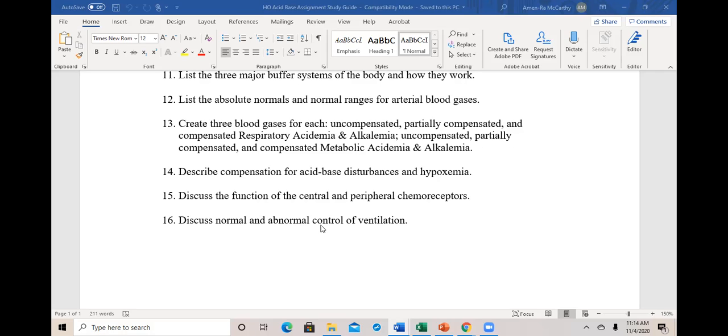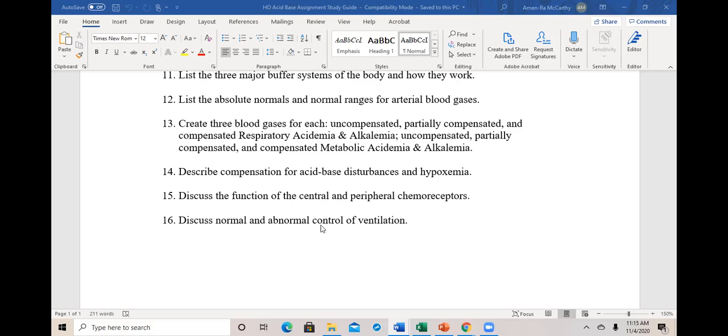Okay, explain central chemoreceptors. How do the central chemoreceptors work? Central chemoreceptors, central CO2. Think of that in your mind. What happens is the carbon dioxide flows freely through the cerebral spinal fluid, in and out.